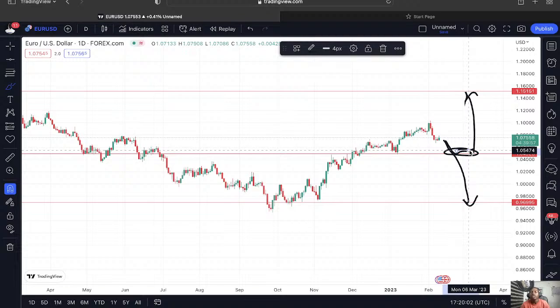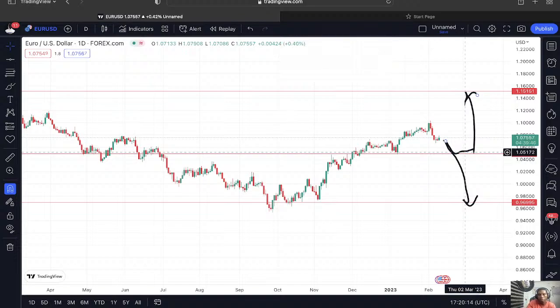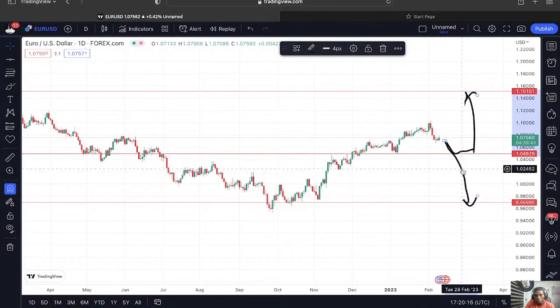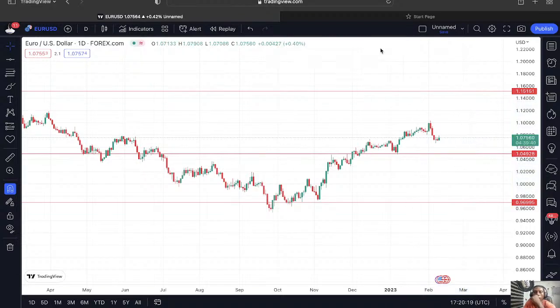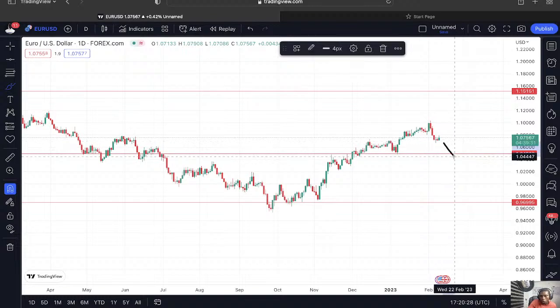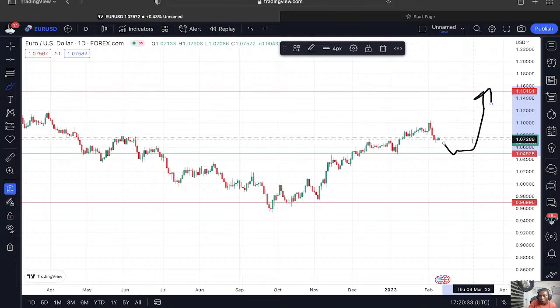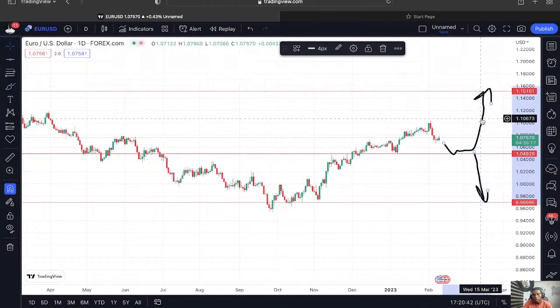So we are expecting price to come and touch this region, maybe rally a bit, and then hopefully go up, or rally a bit from here and go down. Either of these two is very, very paramount.